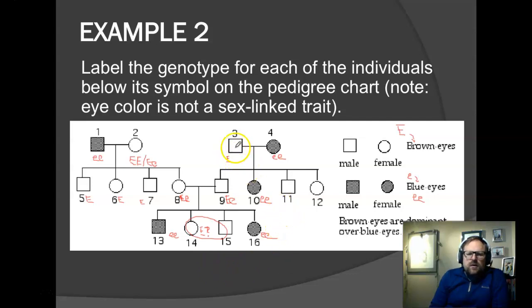Same thing here. We can't be 100% sure what this individual is going to be, and we can't be 100% sure what these individuals are going to be based on, actually, no, we can be 100% sure of these individuals because the mother is little e, little e. This one we're not 100% sure on, but chances are that individual, sorry, I lied.